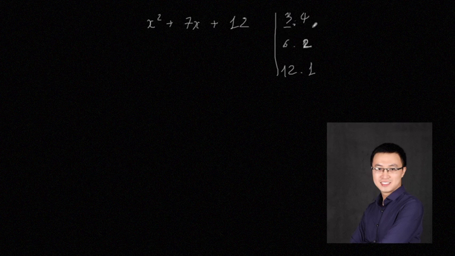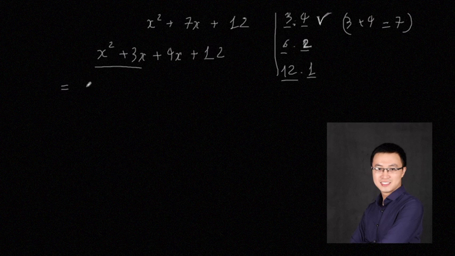But you have to add each pair of factors here. For each option it has to be 7. So I think 3 and 4 is the one, because 3 plus 4 equals 7. So that's why I will separate it into x squared plus 3x plus 4x and plus 12.